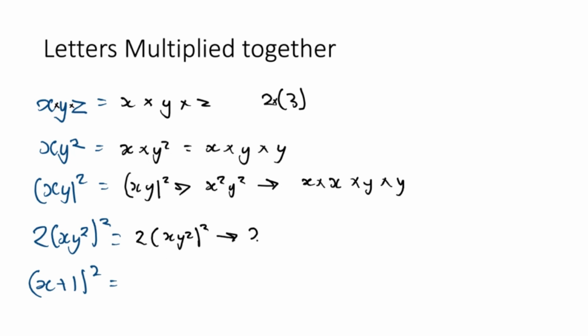So this would become 2, x to the power of 1, so x squared, 2 times 1, and then y to the power of 4, yes, 2 times 2. And then that would give you 2x squared y to the power of 4, because it's 2 times x squared y to the power of 4.